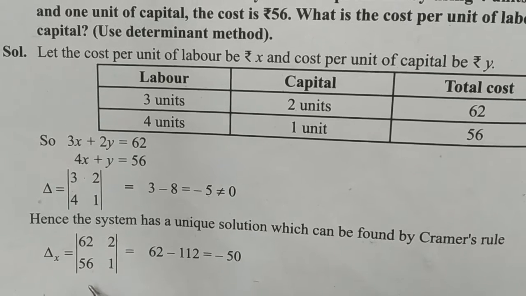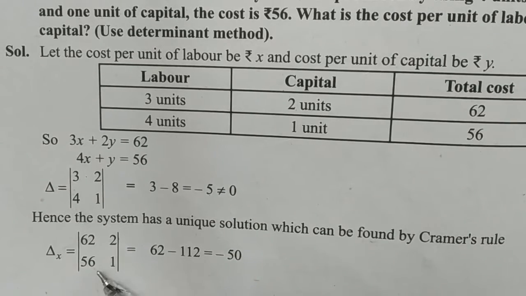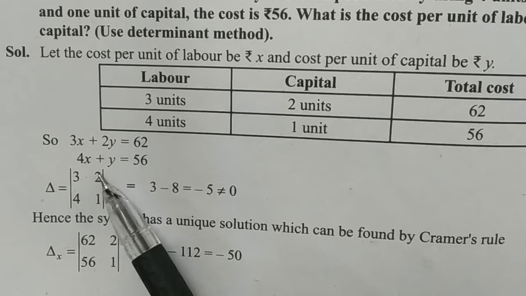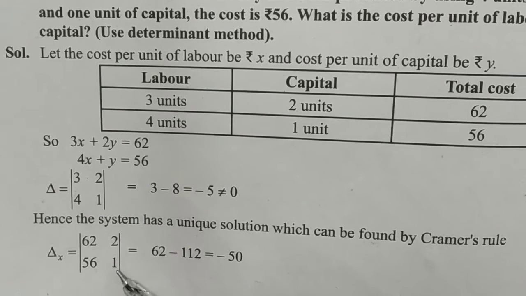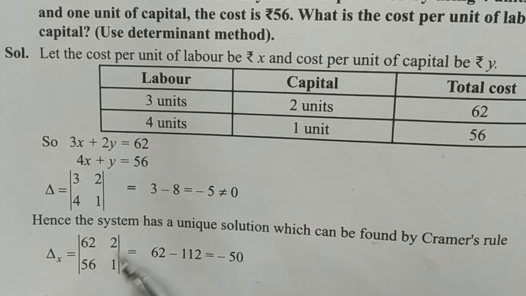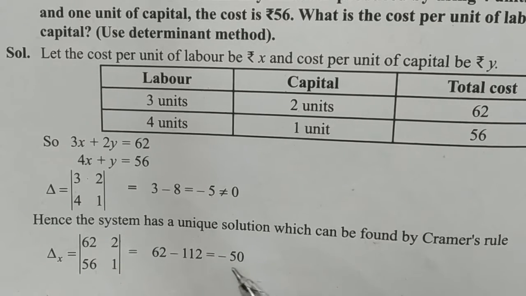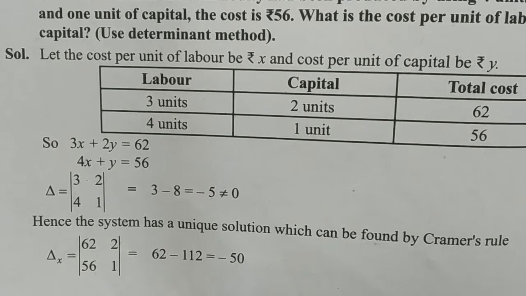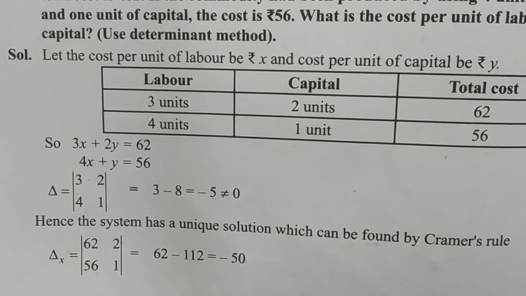Remaining second column as it is, 2, 1. Now 62 into 1 is 62, minus 56 into 2 is 112, equal to minus 50. We get the value minus 50.